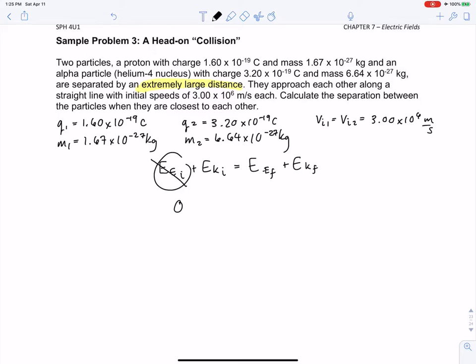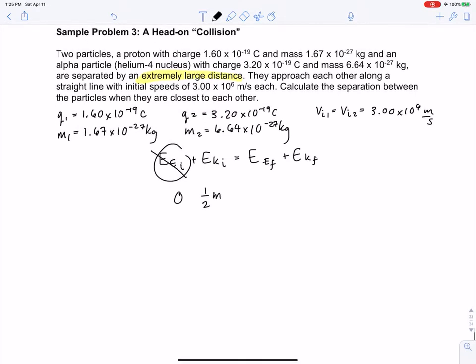So we have 1/2 m1 v1 initial squared plus 1/2 m2 v2 initial squared. This is the total kinetic energy initially.